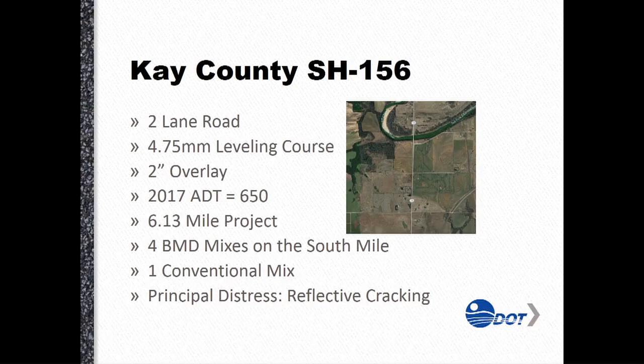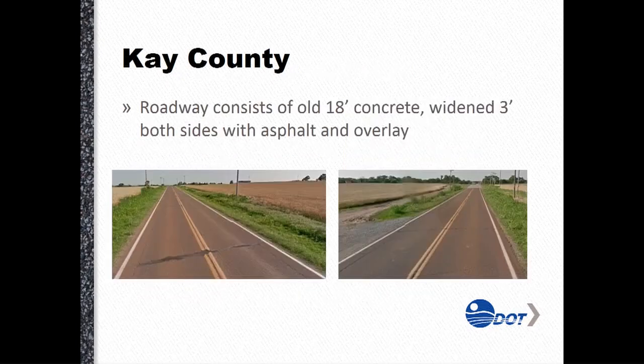The contractor wanted to participate. We put down an S4 and an S5 with a 64 and a 58 both. We just collected the samples, and the data will be available in the next couple of 3 weeks. And then we've got one conventional mix on that. We saw a lot of reflective cracking on that mix.